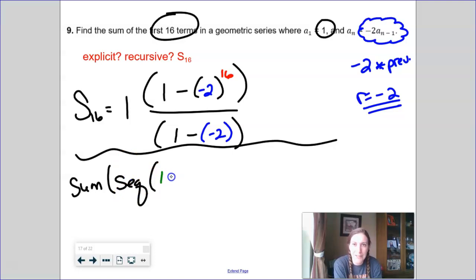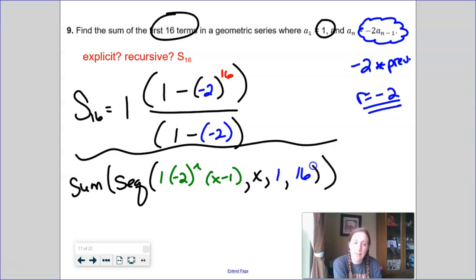So 1 times -2 to the x minus 1 power for the n minus 1 part, comma x, comma, what is it, 16? So 1 to 16. And that is another way to get the answer. And I know you've been dying to find out what the answer is. Me too. It's -21845.